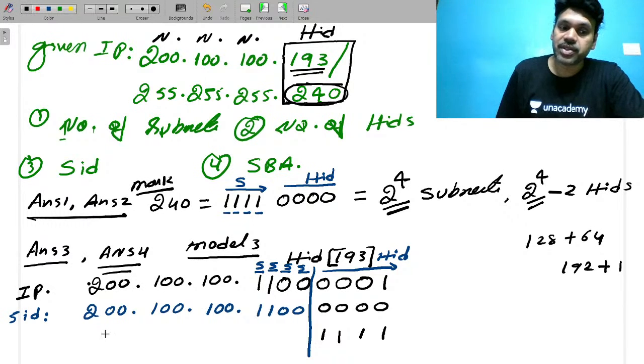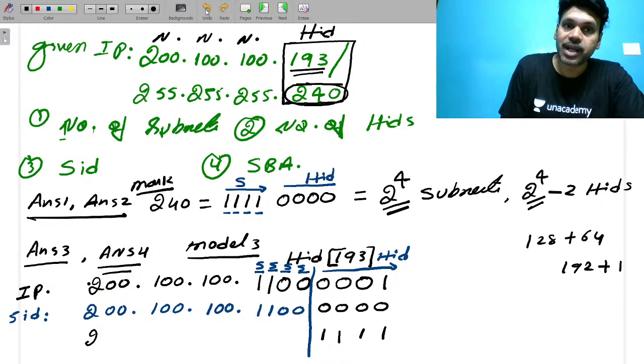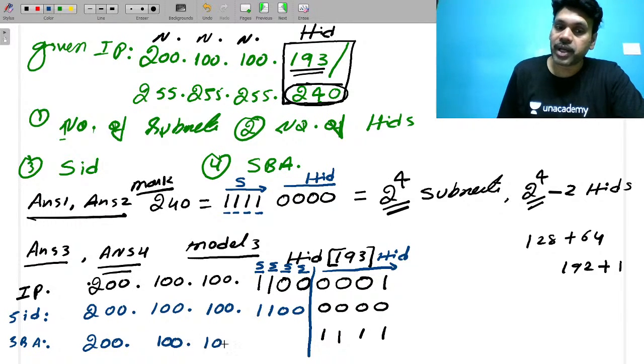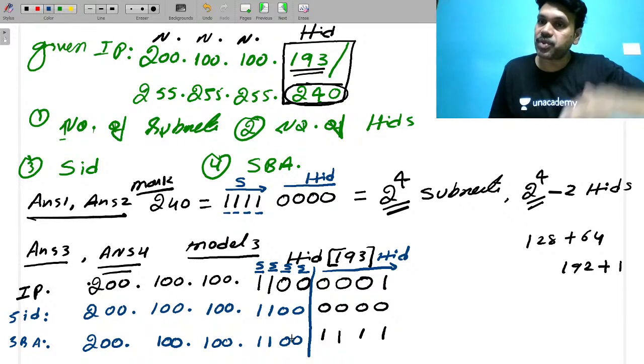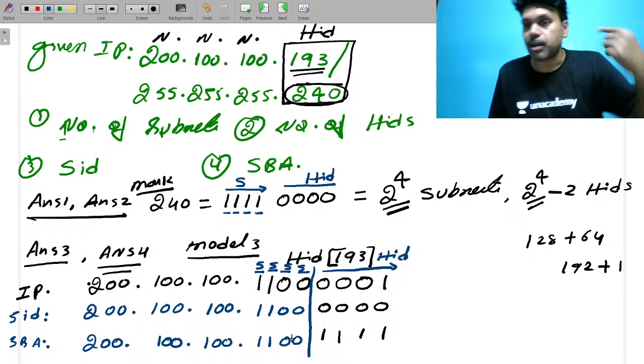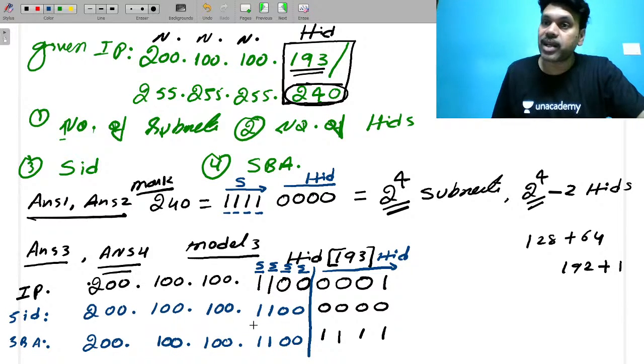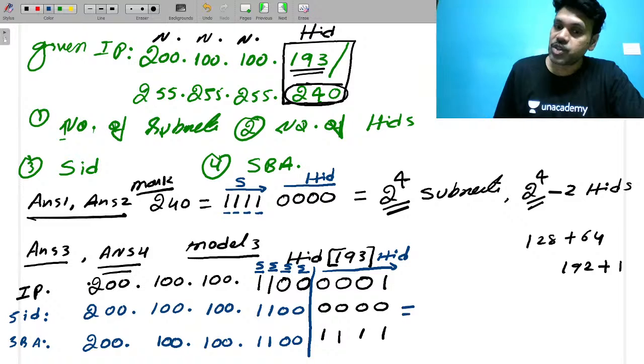So my dear friends, you got your answer. What is your answer? The subnet broadcast address I am also writing according to model 3. 200.100.100.1100. Drop your network and subnet ID bits. Make HID positions 0 and make HID positions 1 to get the ID and broadcast address. So what is your value?